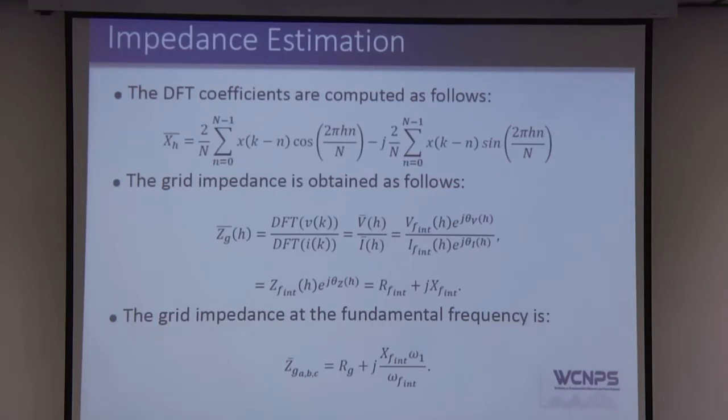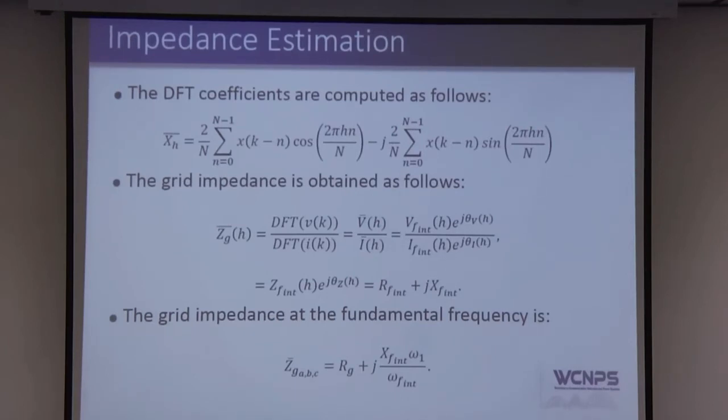This evaluates to the impedance at the frequency of the injected high frequency signal. So it needs to be translated to the fundamental frequency. That's where we want to estimate the impedance.